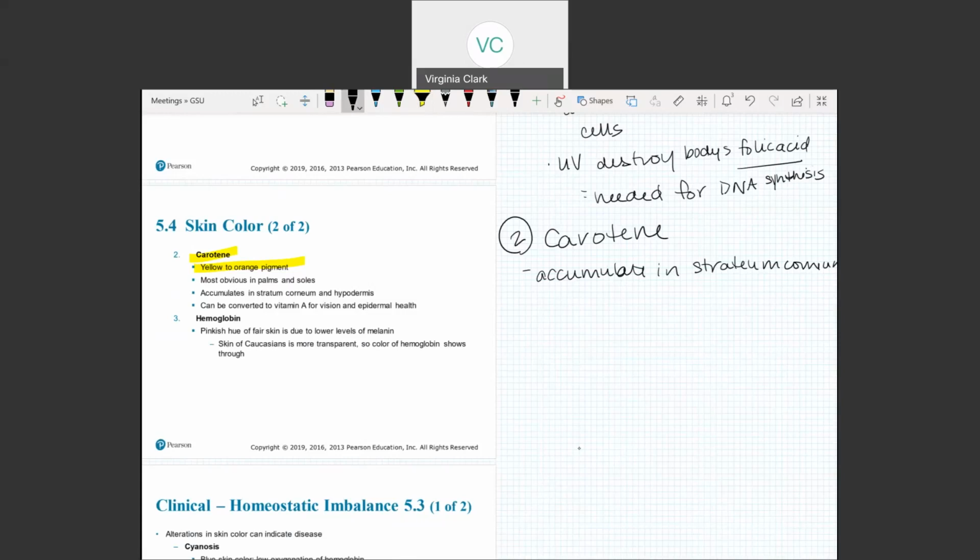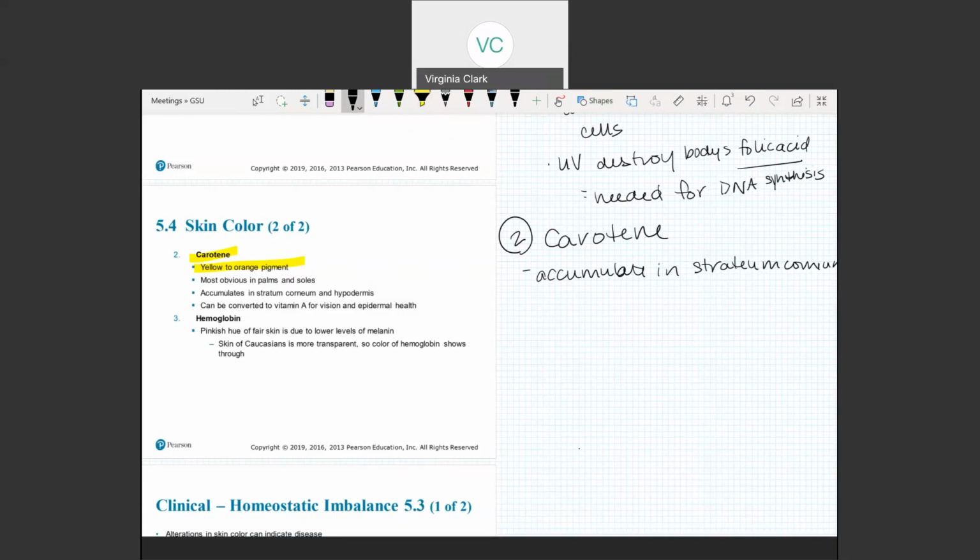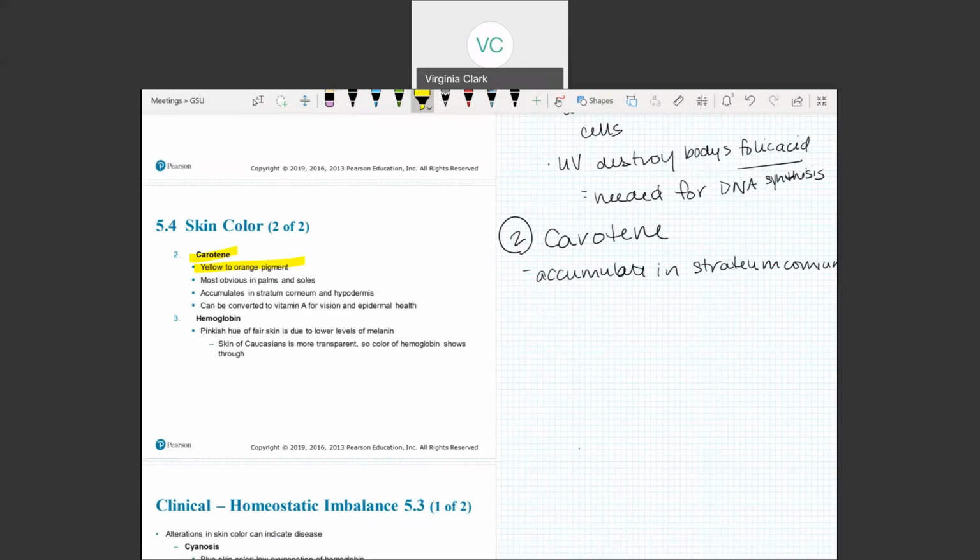That's where it's the thickest layer of the cells. This color is going to be the most obvious on thick skin, which is the palms and the soles of your feet. So this yellow to orange pigment accumulates in the stratum corneum for your thick skin.